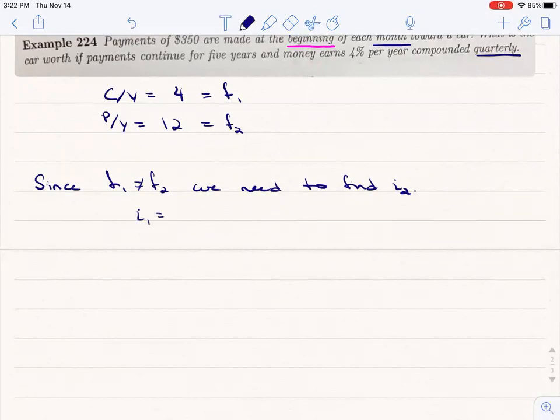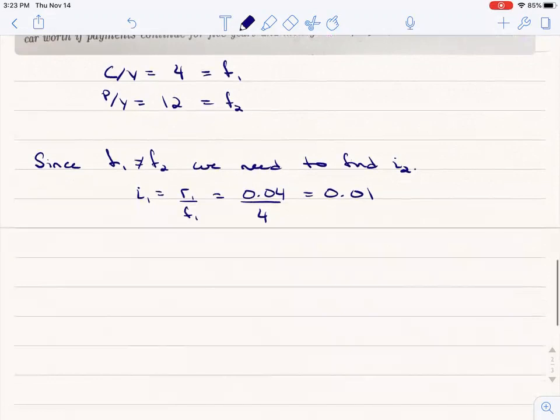I1 is R1 over F1, which is 0.04 divided by quarterly, which is 4, so 0.01. So now we can find I2.